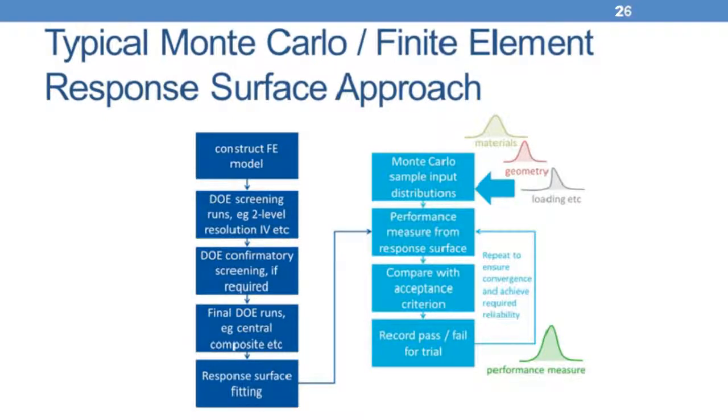The Monte Carlo analysis can then operate on the response surface instead of the finite element model, and as a result massively reduce the runtime, making large numbers of trials feasible. And all of this is a very commonly applied approach using a combination of commercial codes and in-house scripts.